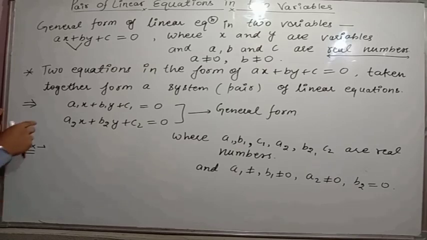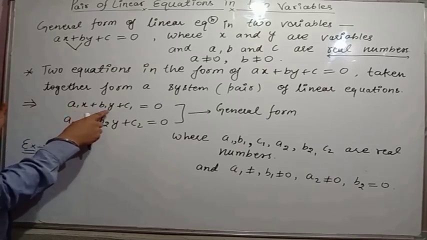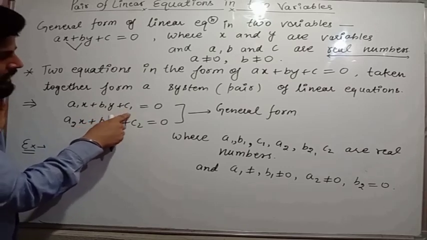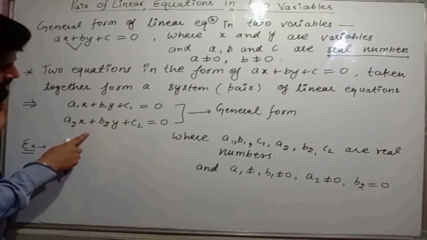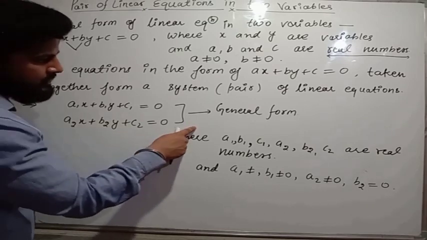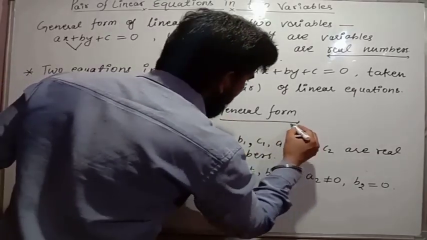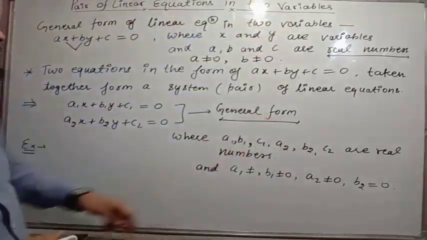Example: a1x plus b1y plus c1 equals 0, and a2x plus b2y plus c2 equals 0. So this is the general form of a pair of linear equations in two variables.